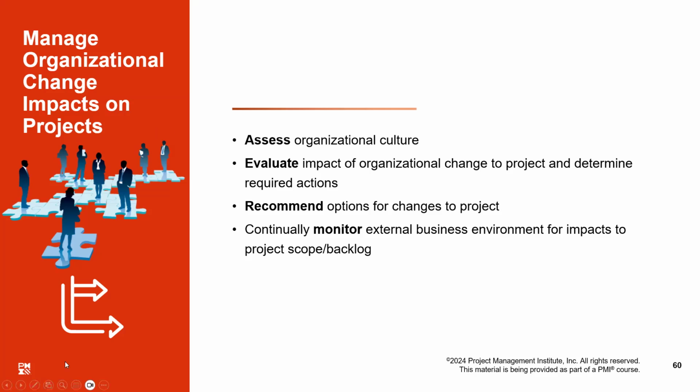And this job, the process of assessment, evaluation, and recommendation, you must keep doing, continually monitor external business environments to observe any impacts to your project scope and the backlog. Even if you're doing an agile project, you don't have a proper scope, you have a backlog. Backlog serves as a scope for the agile project. So keep monitoring the business environment. You see, external business environment or external environmental factors are indicators of change in the organization.